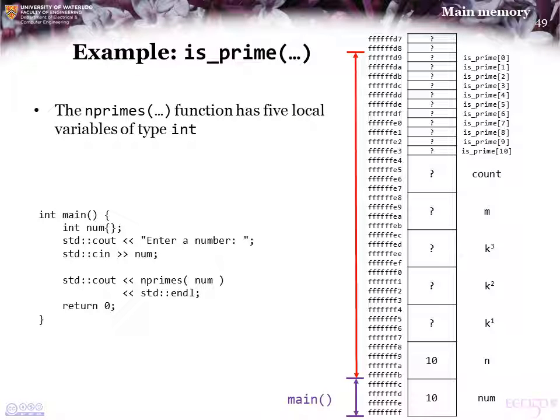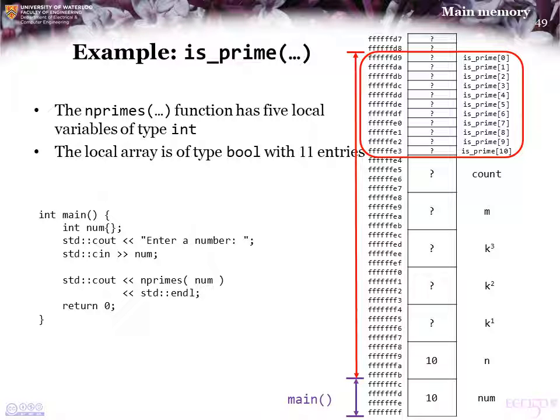Now, the function nPrimes has n local variables of type int, and so memory would be allocated for each of these. However, nPrimes also has an array of type bool. Now, a bool only occupies 1 byte, and because the array has 11 entries, at runtime an appropriate calculation will be made to determine where the start of the array should be.